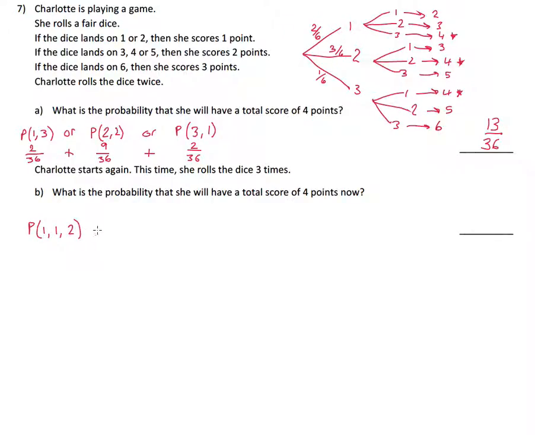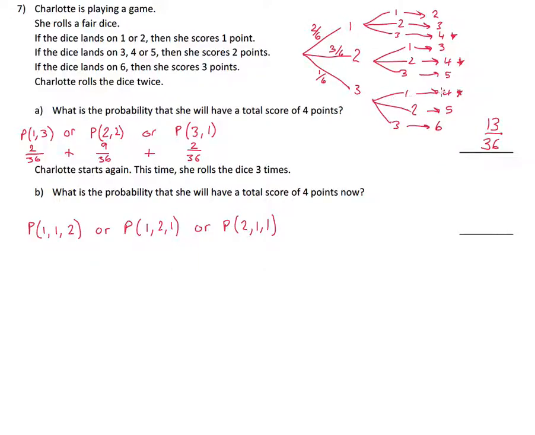That would give us 4 points. Or we could have a 1, a 2, and a 1. Or we could have a 2, a 1, and a 1.